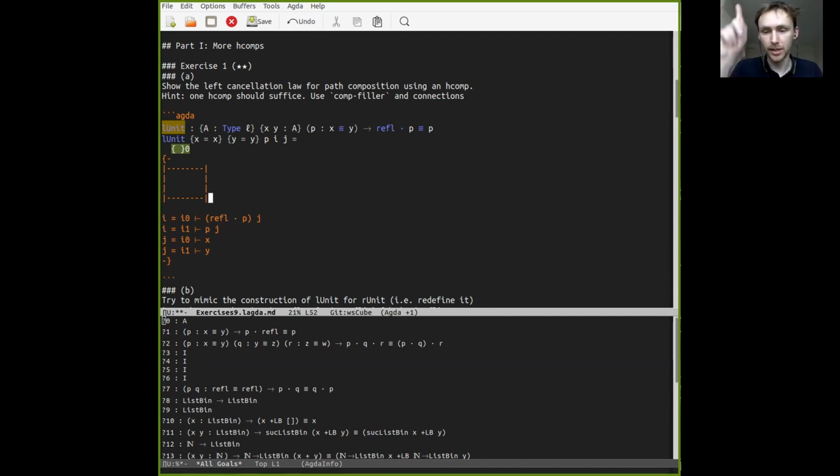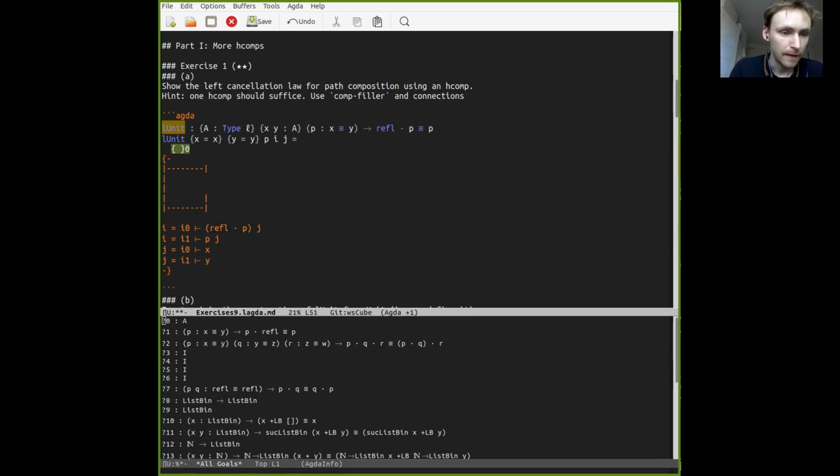So I goes to the right and J goes up. So when I is 0, so on this side here, damn, I made it too small, didn't I? I should have thought about this before. Should have prepared something. Okay.